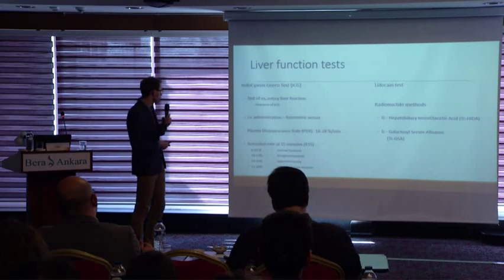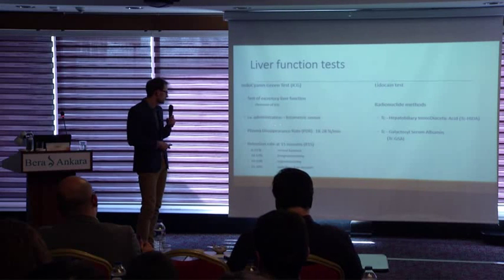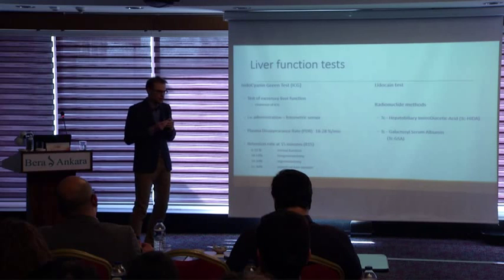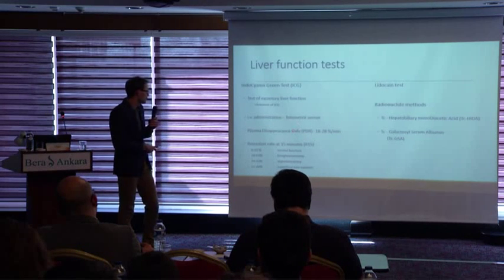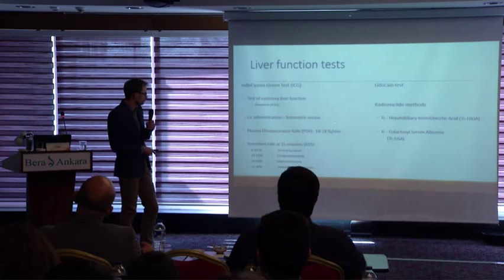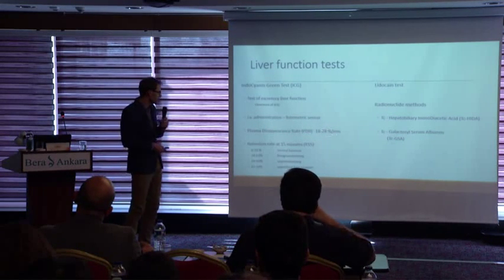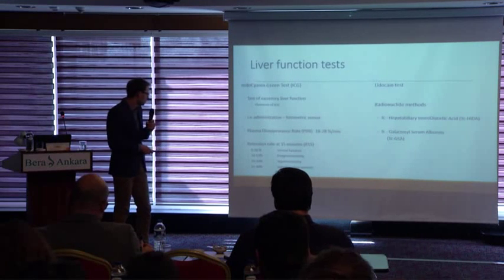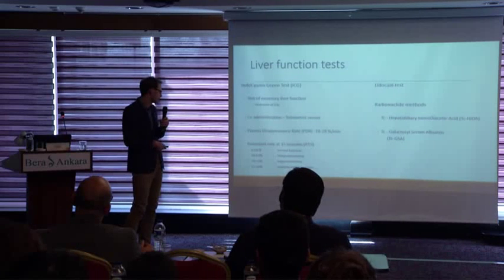We administer this solution intravenously, and we have a special photometric sensor. It looks like a sensor for saturation measurement. So it assesses the plasma disappearance rate. It should be between 18 to 28% of ICG per minute, and also the retention rate after 15 minutes.